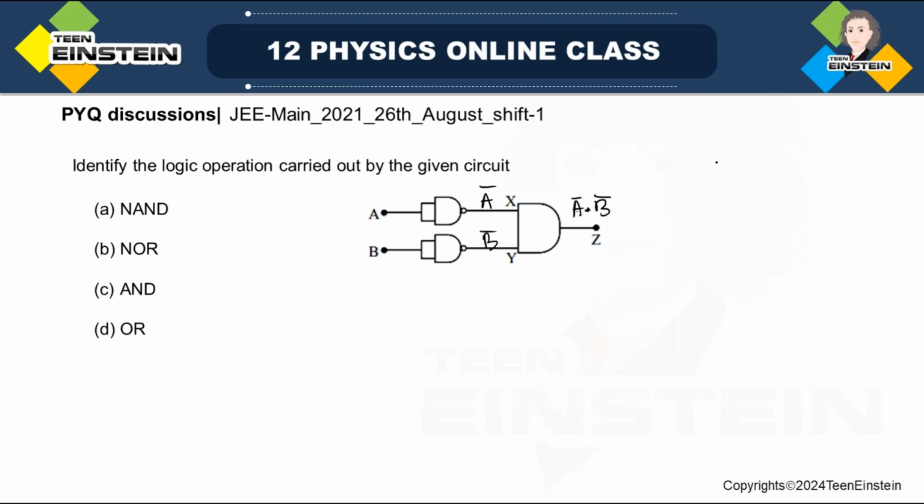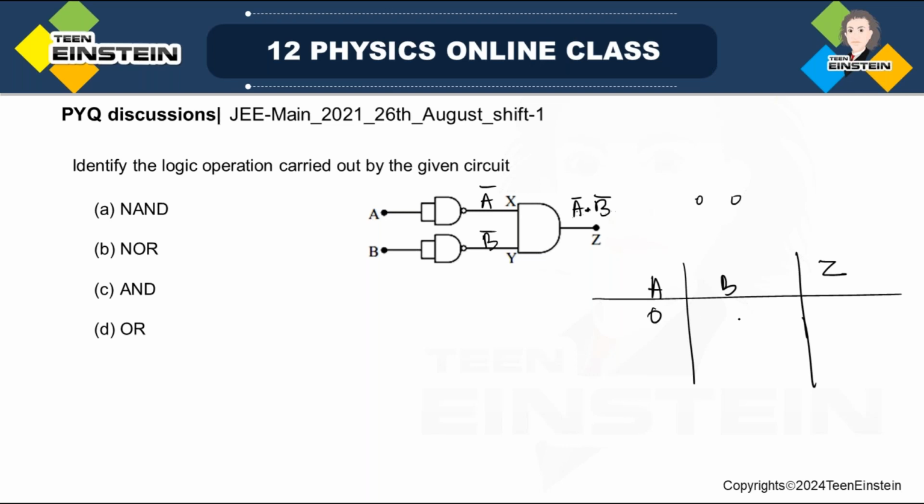So see, in case of AND, what we know is that both are either off or both are on. Let us see whether it is becoming AND. Suppose I have A, B inputs, and this is a Y output or Z here. Let us write down the Z output.